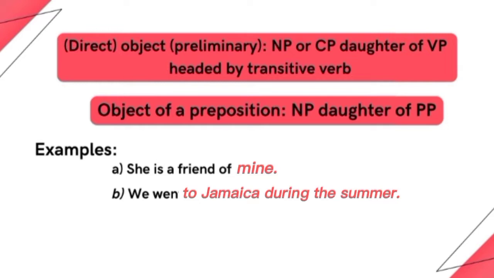The prepositional phrase tells us more about the friend. As another example, the sentence "We went to Jamaica during the summer" uses two prepositional phrases, which are to Jamaica and during the summer. This is to modify the verb went. These prepositional phrases say where and when we went.